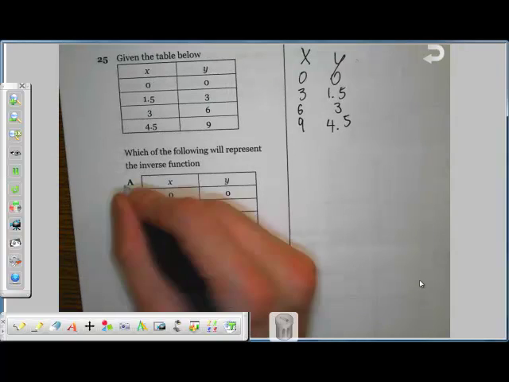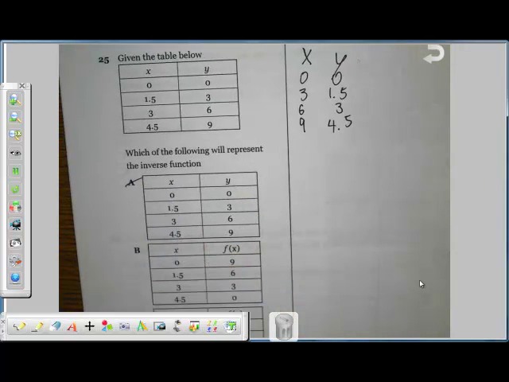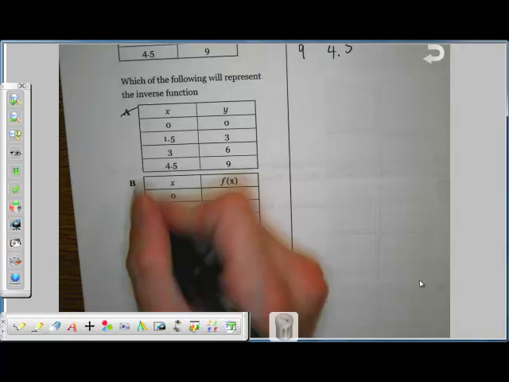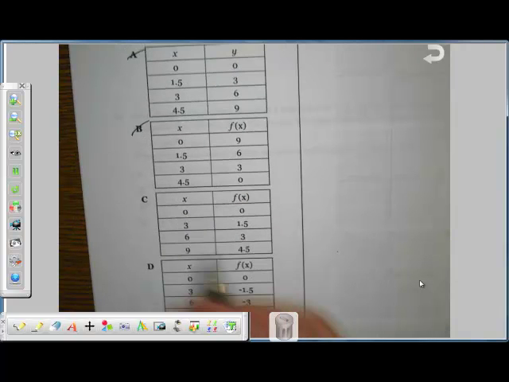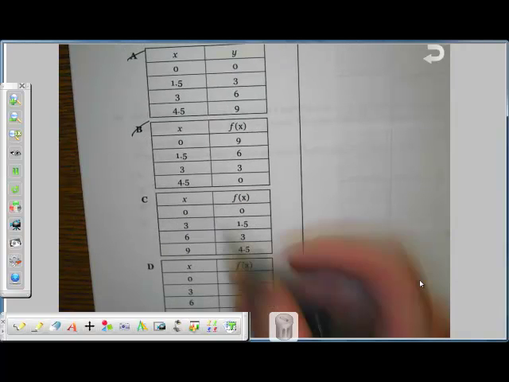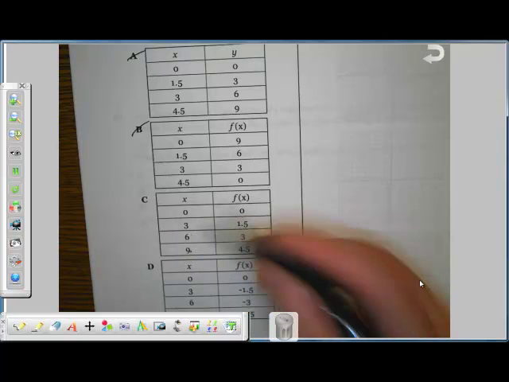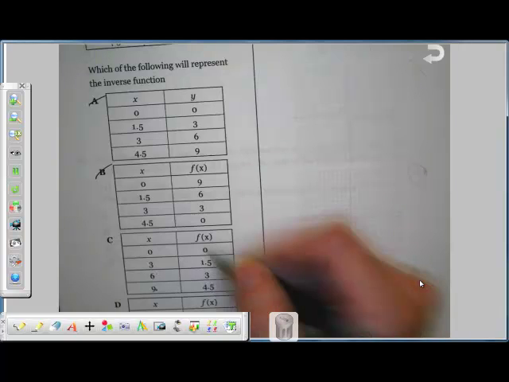We already know right off the bat that A is wrong. We already know right off the bat that B is wrong. C and D both look good. Let's double check. 0, 3, 6, 9. Okay. 0, 1.5, 3, 4.5. Think we have a winner.